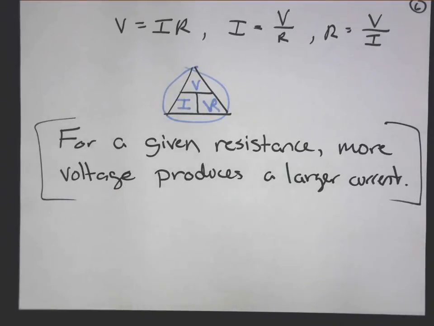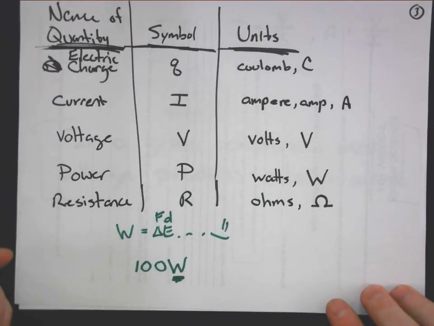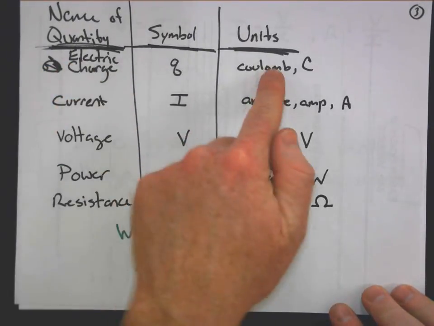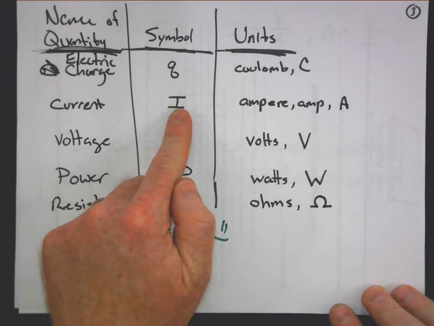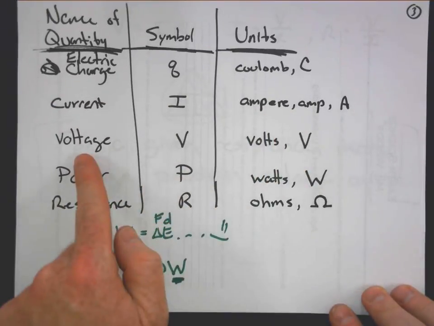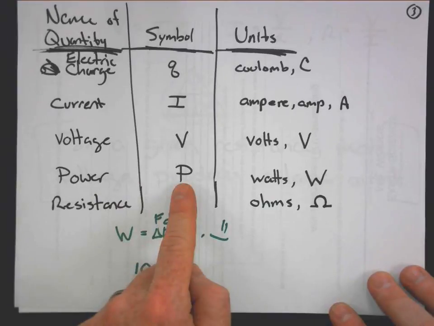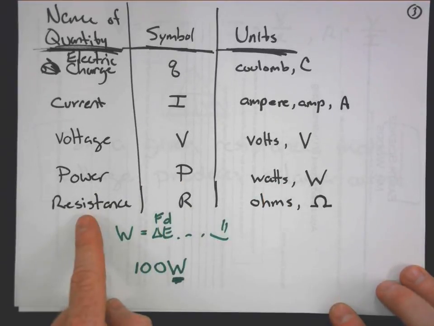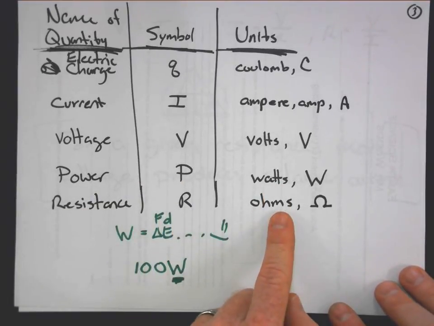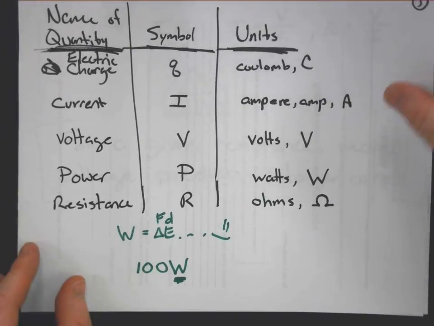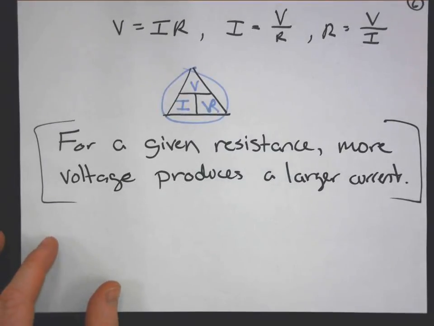So there was a whole lot in this video, lots of terminology, lots of symbols to memorize. You do have to know these things. Electric charge, Q, coulombs, current, capital I, amps, voltage, capital V, volts, power, capital P, watts, resistance, capital R, ohms, right? So, yes, you have to know those things.